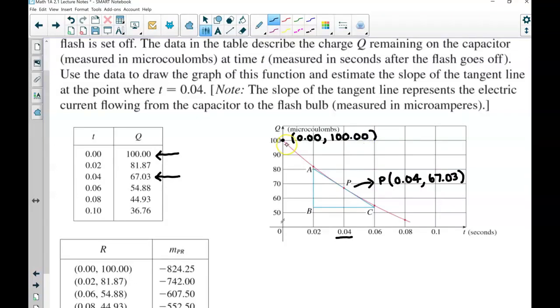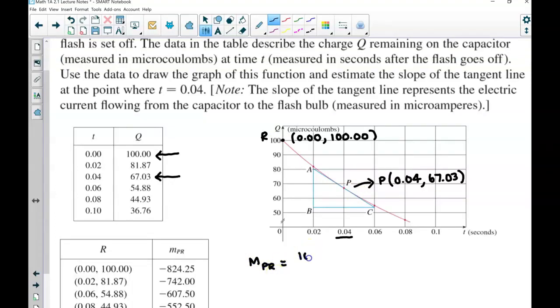Okay, so if this is P, we can call this point R. And what we want to do is find what is the slope of that line. So we're going to start out here and write down the slope of PR.